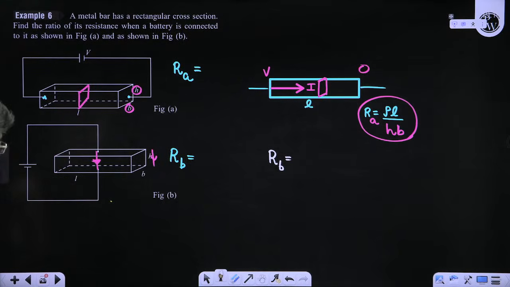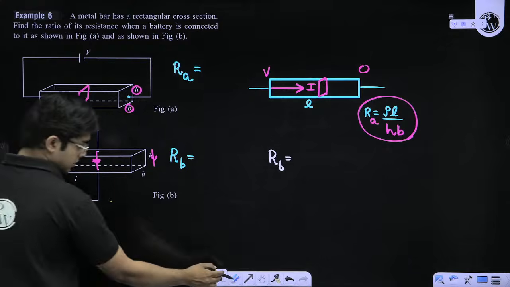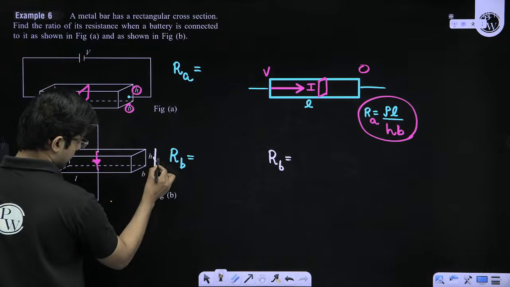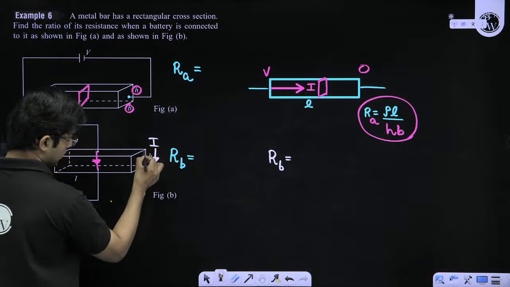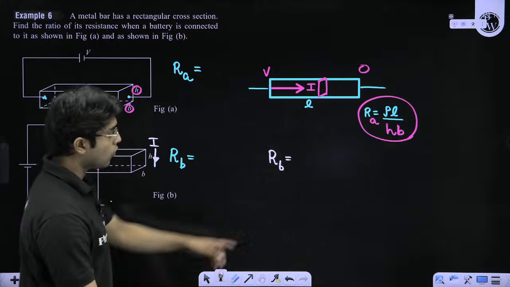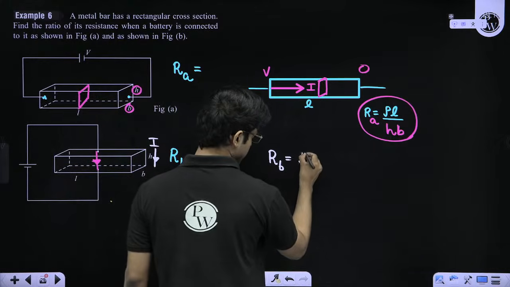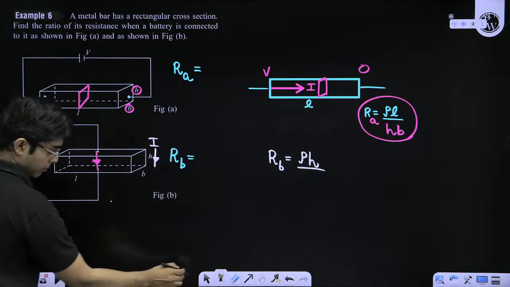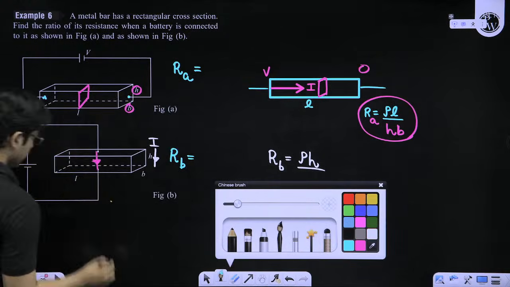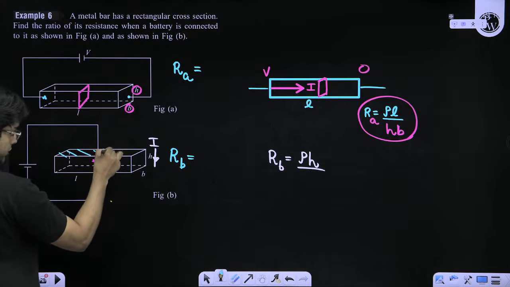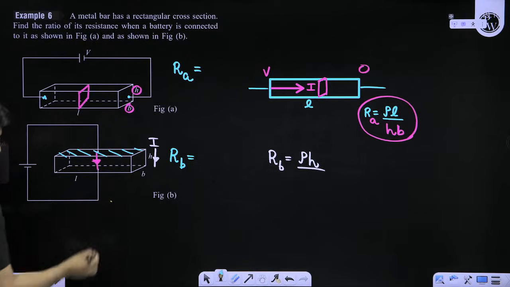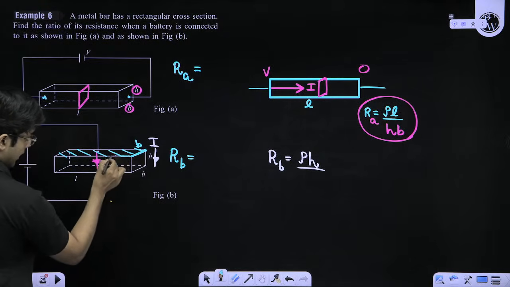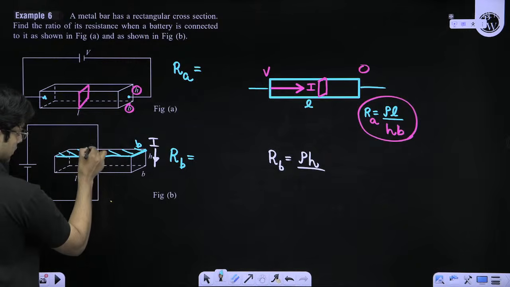So in case B, the only difference is now current is parallel to H, right? Current is parallel to this side length H. So instead of L, you will substitute H. And what is the area perpendicular to the current? That is going to be this top rectangular area. This length is B and this length is L, right?